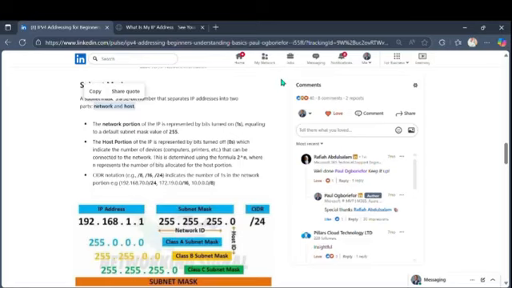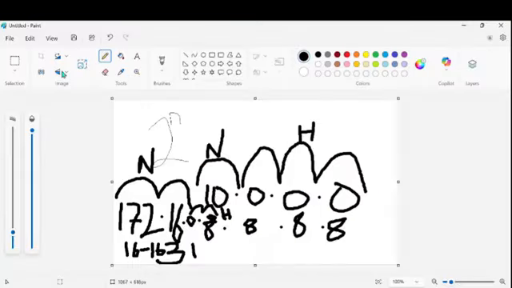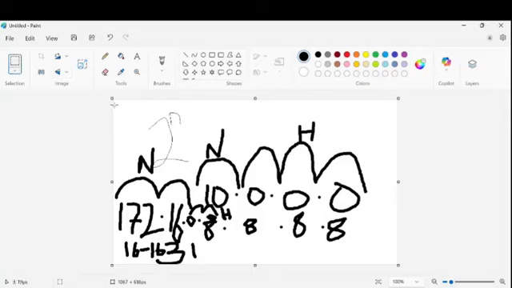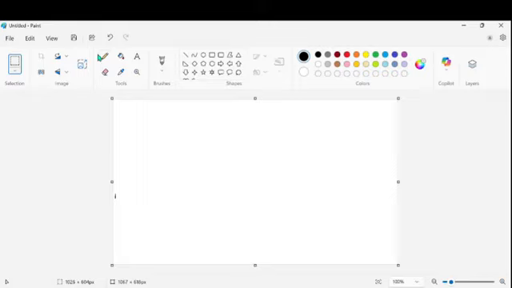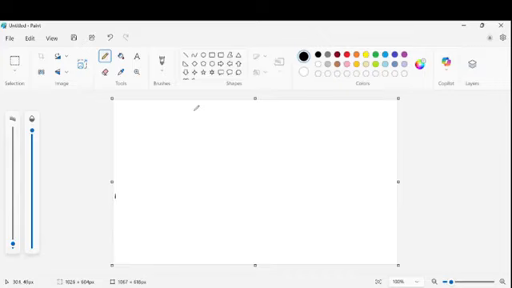Now, if you have your eight 1s, let's just do this calculation briefly. So let's just do a small demo here. When we are in school, we are taught binary numbers, and you take 255 and divide by 2.